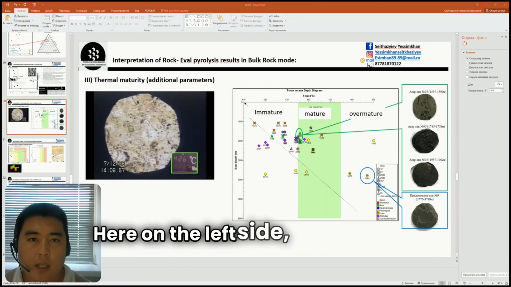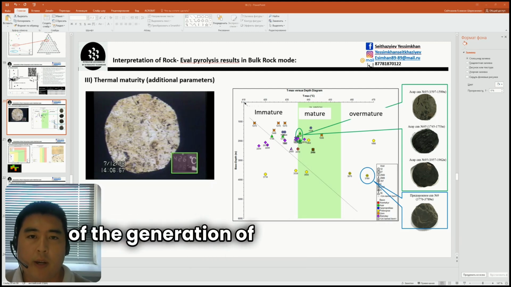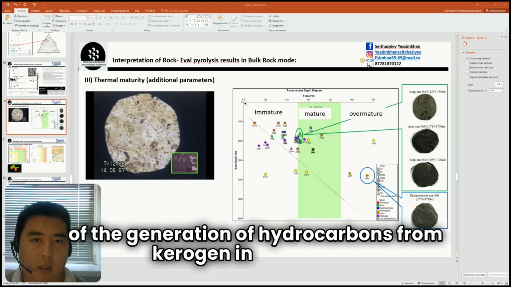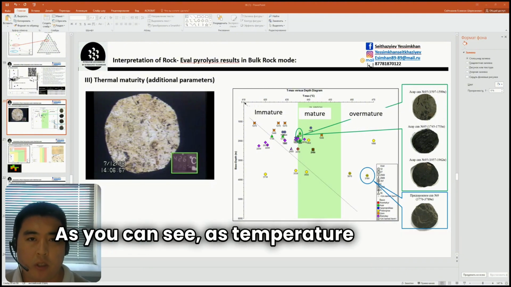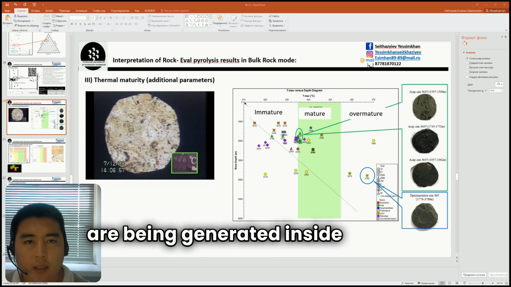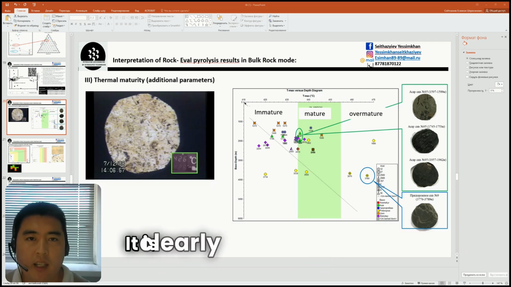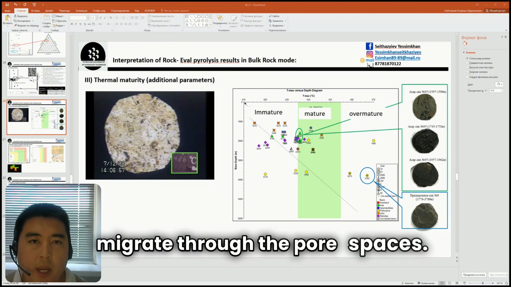Here on the left side, there is a real example of the generation of hydrocarbons from kerogen in Rock-Eval. As you can see, as temperature increases, hydrocarbons are being generated inside the rock sample. It is clearly visible that they migrate through the pore spaces.